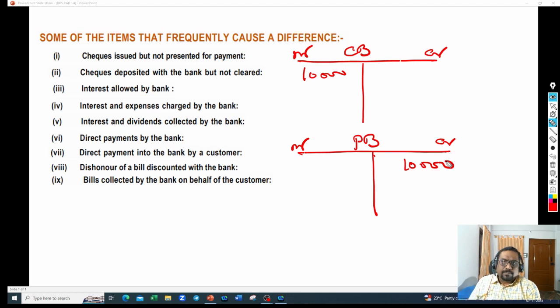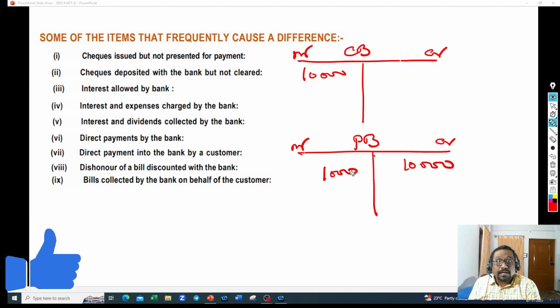After 1 month, the banker went to X and requested him to pay that 1,000. But X said, no, I don't have the money. The minute X says no, the banker debits that amount in my account because I already took the amount from the bank. You might say, Krishna, you took only 900, why is he debiting 1,000? Yes, he will debit 1,000 because the discount is a benefit for him.